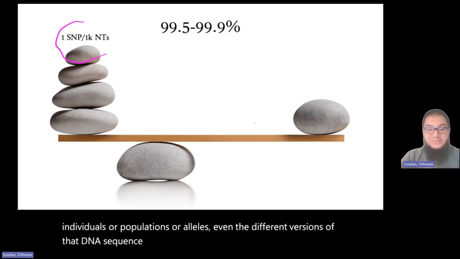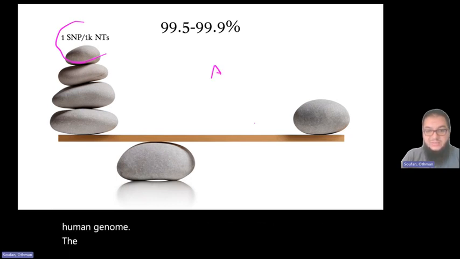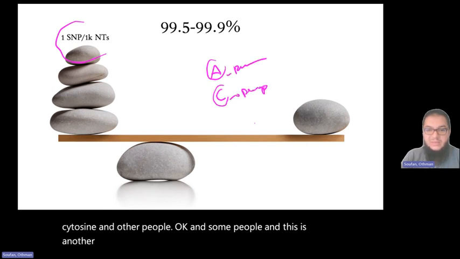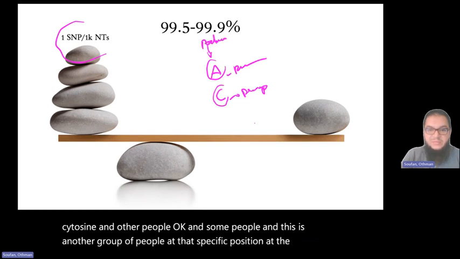So for example, at a specific position in the human genome, the nucleotide might be adenine in some people, and cytosine in other people, at that specific position.